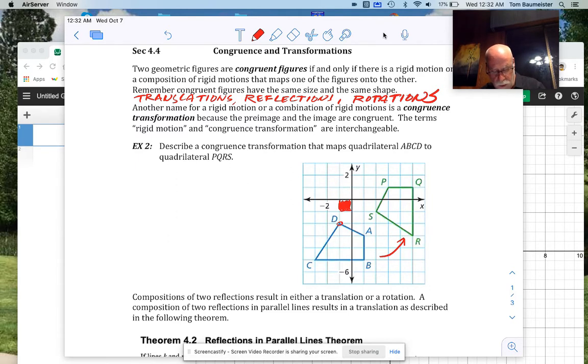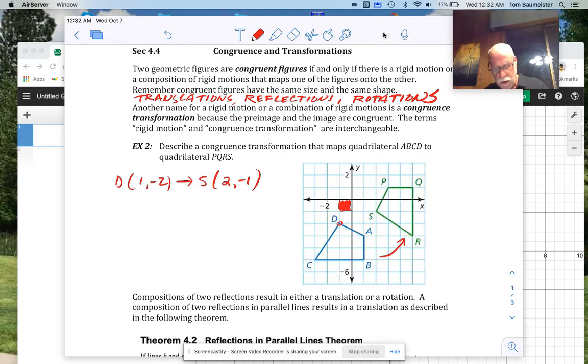Another way to remember it is what we had yesterday. If we said D was 1 and negative 2, it would go to where S is, and S is 2 and negative 1. So if S is 2 and negative 1, remember if this was your A and this was your B, it looks like we're going to have negative B here, because a negative 2 is a positive 2, and we'll have a negative A here.